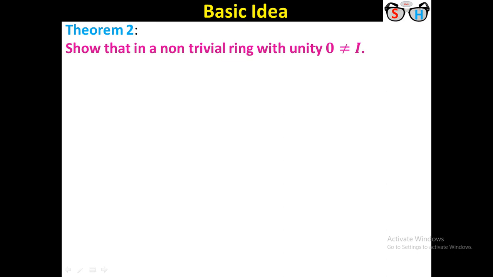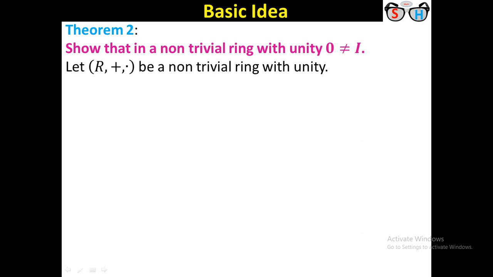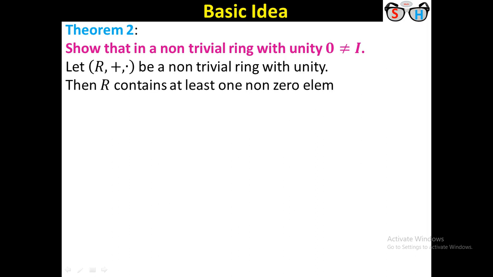Here we have to prove that 0 is not equal to I. Let R be a non-trivial ring with unity. Trivial ring means it contains only the additive identity, so a non-trivial ring means it contains an element other than 0. In a trivial ring, R is the singleton set {0}.